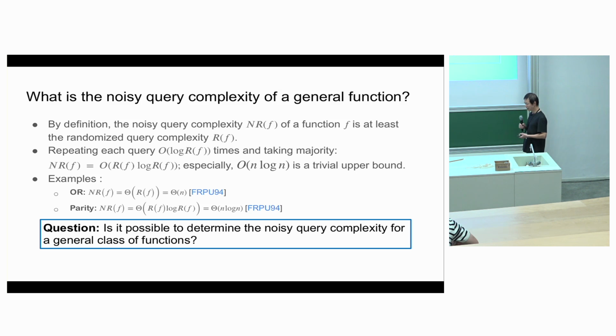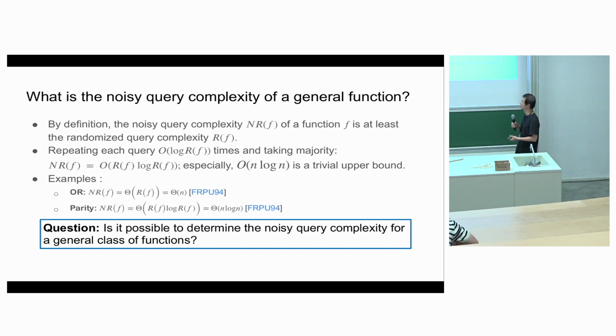Again, the question here is to decide what the noisy query complexity of a general function is. There are some pretty easy trivial bounds. By definition, the noisy query complexity of a function is at least the randomized query complexity. You can also get an upper bound, because you can simply repeat each randomized query a logarithmic number of times and take a majority.